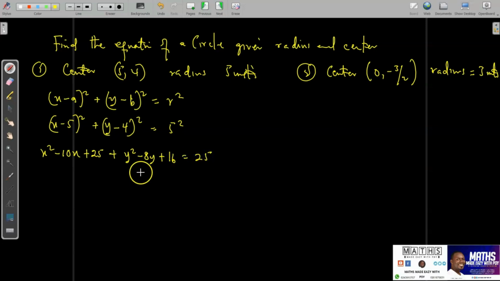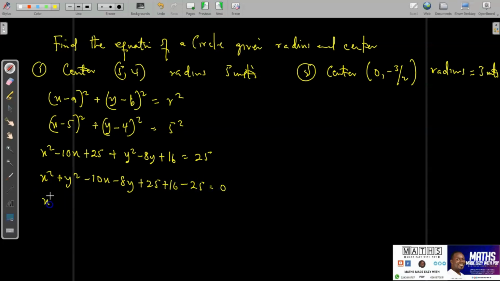Good. Then you can regroup everything into the standard form, which is going to be x squared plus y squared, then minus 10x minus 8y, and then 25 and 16 put together. What are we having? Plus 25 plus 16 minus 25, all equal to 0.